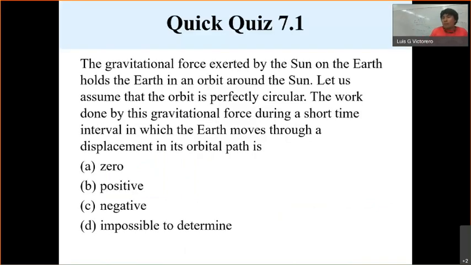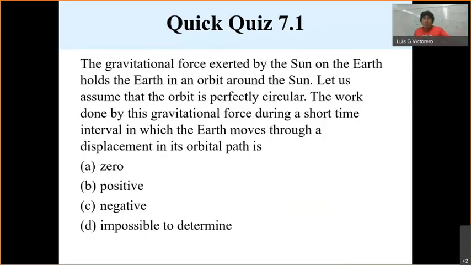And now let's take a look at this example, or this question here. Every object in the solar system orbits around the sun in almost a circular fashion. The gravitational force exerted by the sun on the earth is radial, right? It's basically a centripetal force.